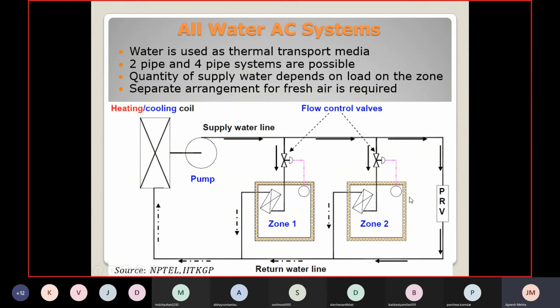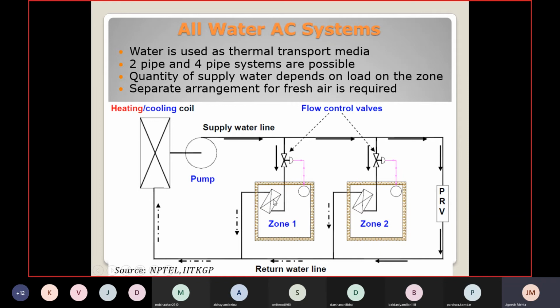There can be multiple zones, and each zone may have a requirement of different cooling load or heat load. Accordingly, there is a thermostat in that zone, and it will take more or less amount of water which will pass through this coil.